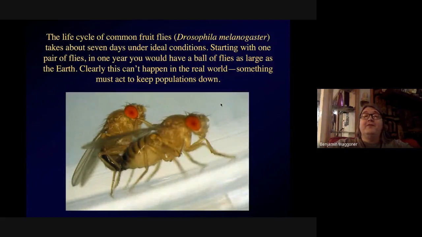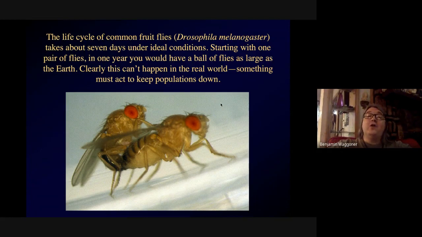So there's a couple of fruit flies that are doing what fruit flies do. And the life cycle from egg to adult under ideal conditions for a pair of fruit flies will take about 7 days. And so if you have 2 fruit flies, you'll have the next generation in about 1 week, and the generation after that in 2 weeks, and so on.